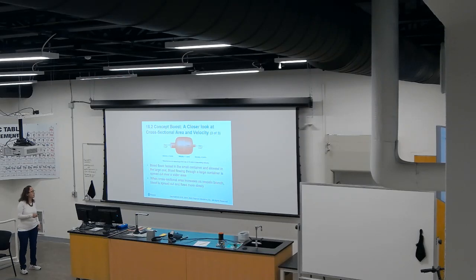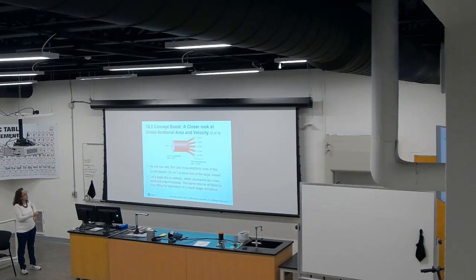As an example, we have this container where you introduce a fluid at the area of 5 square centimeters, and at the exit of this container you have 2 square centimeters. If you add the 5 blood vessels that we had before, which form 10 square centimeters as a whole, you will have a reduction in velocity.